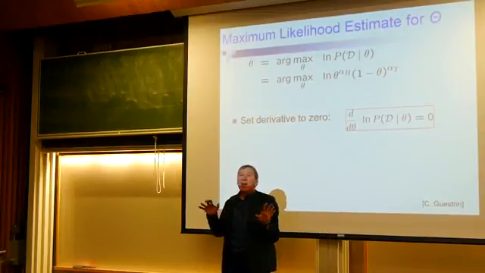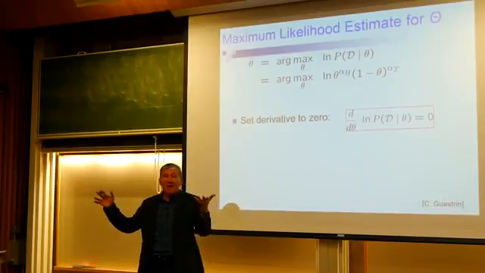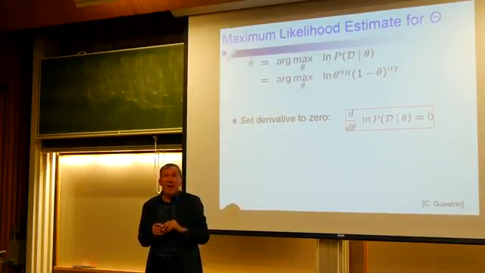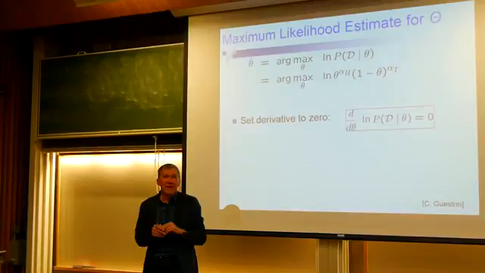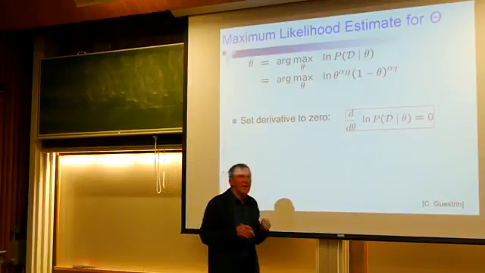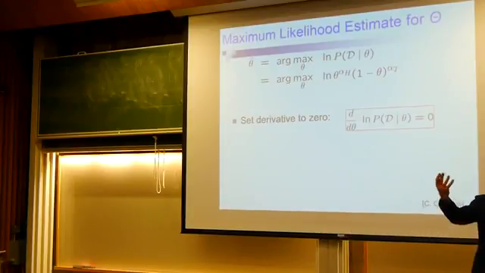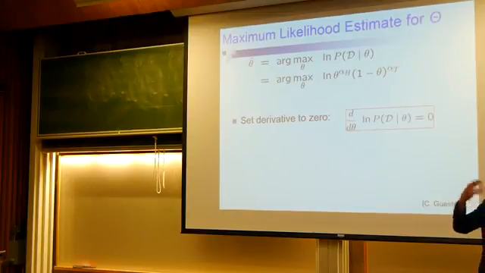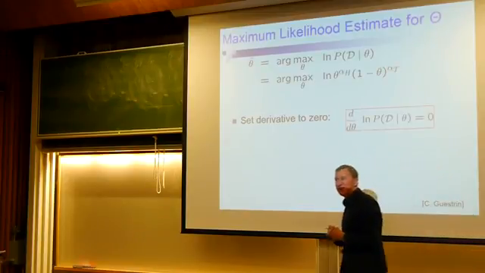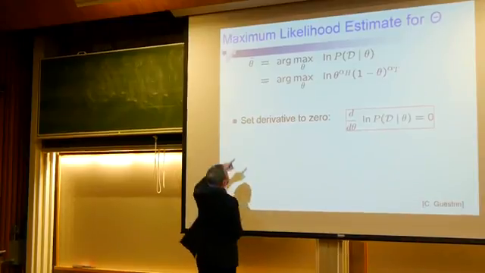That's because it's going to turn out the arithmetic is easier to work, the calculus is easier to work, if we maximize the log of it rather than it. And if you have a function that you're trying to maximize, you get the same answer if you maximize that function or if you maximize its log. Log is monotonic in the function.